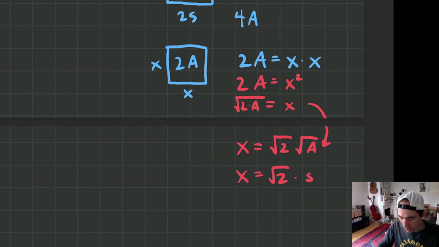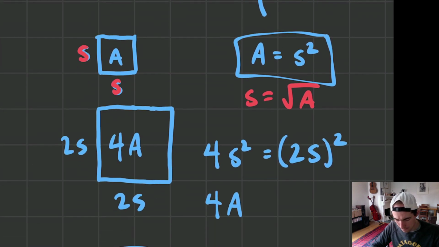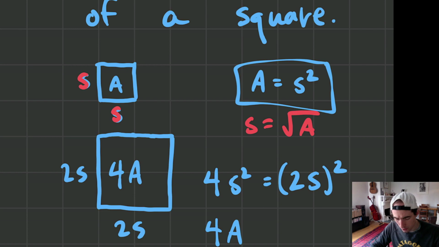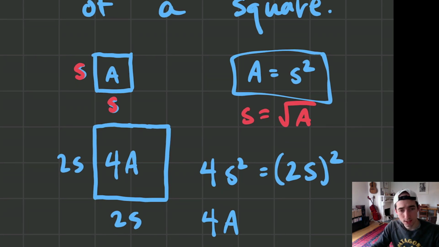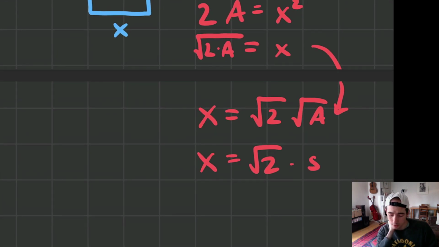That if I want to double the area of a square, what I do to the side length is multiply that side length by the square root of 2.